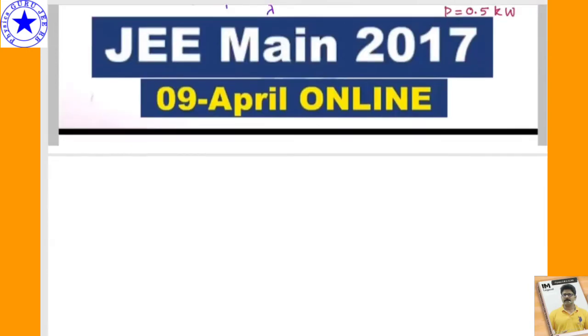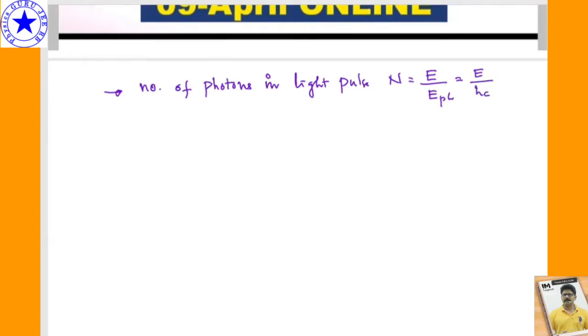Next, the number of photons in the light pulse, n, is equal to E divided by the energy of a photon, which is E divided by hc by lambda. Lambda comes to the numerator. Hope it is clear till this point. So n is equal to E into lambda, and E can be written as P into dt into lambda divided by hc.